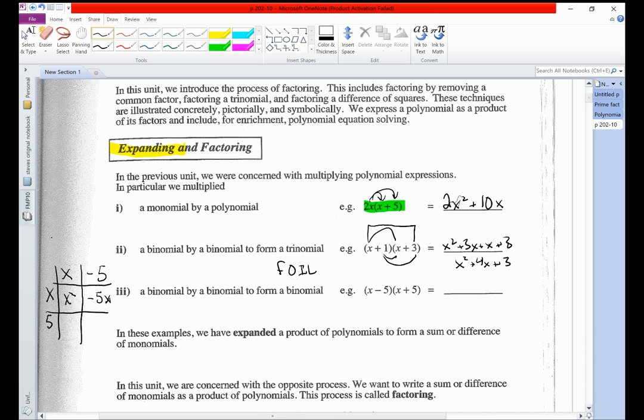X multiplied by positive 5 is 5x. And negative 5 multiplied by 5 is negative 25. You can see that our like terms, negative 5x and positive 5x, are going to cancel out, because if you have 5 of something and then you take 5 away, you have none. So the answer is going to be x squared minus 25.